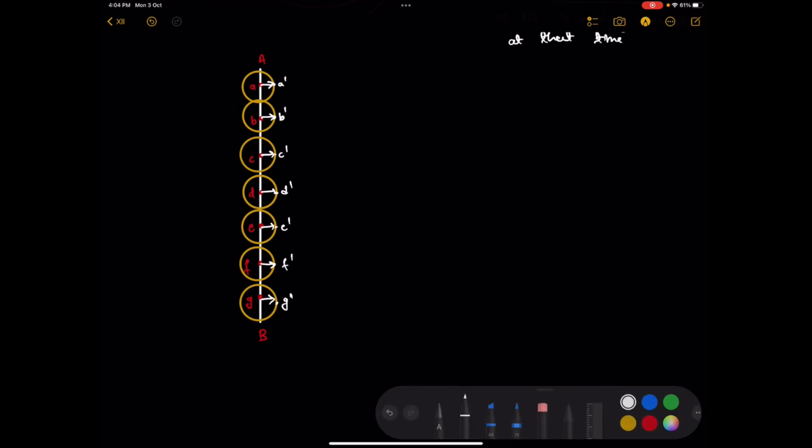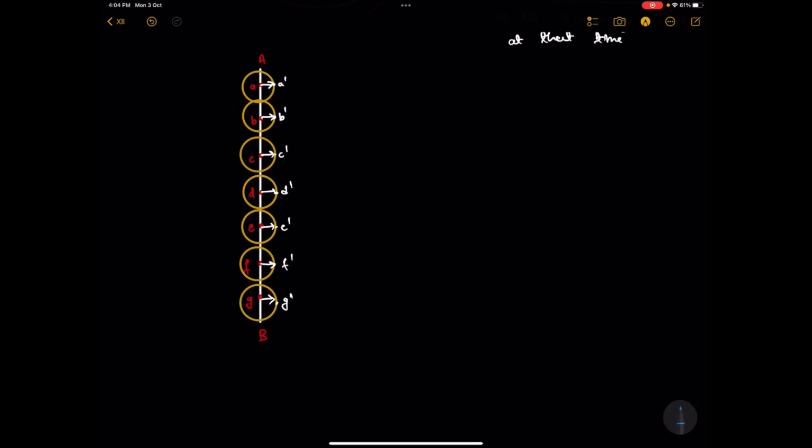The third statement says that we take points on the surface of these wavelets and draw a forward envelope. So after a time t, I'll take the points here: a dash, b dash, c dash, d dash, e dash, f dash, g dash.